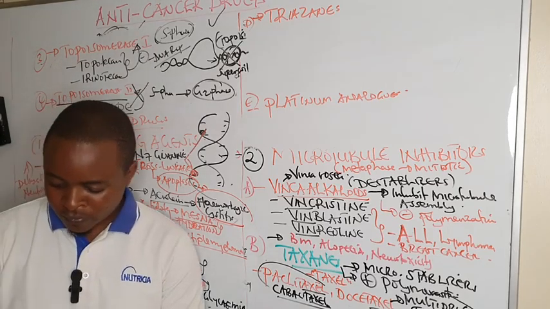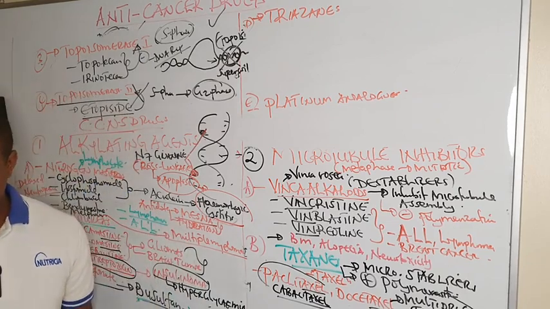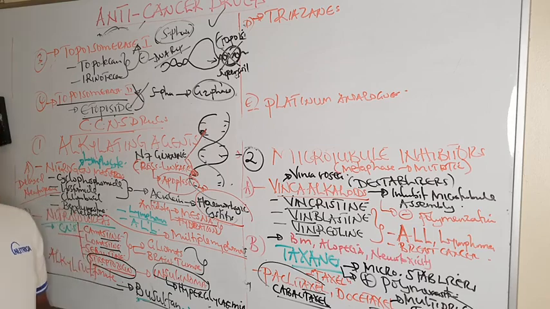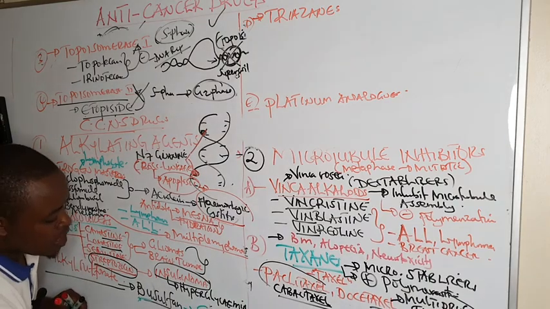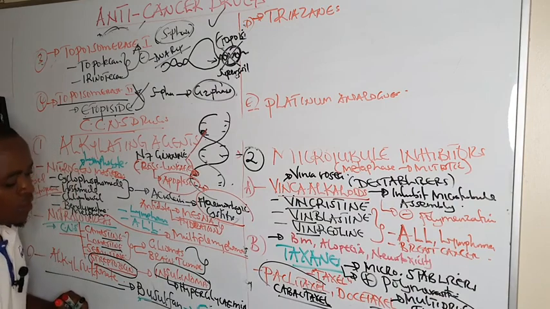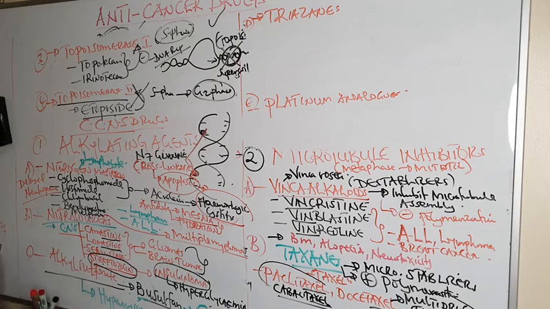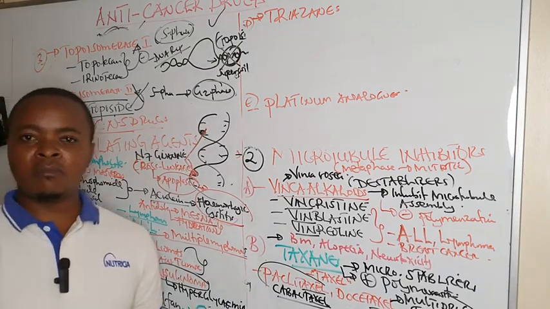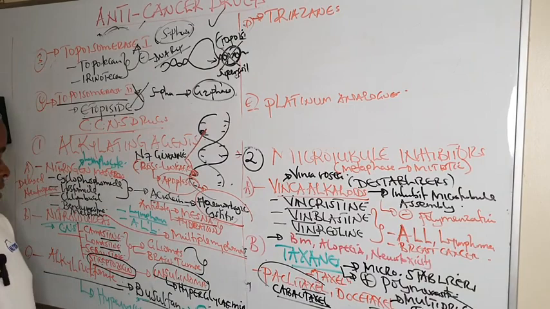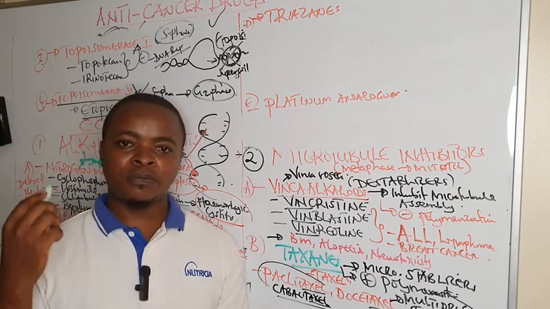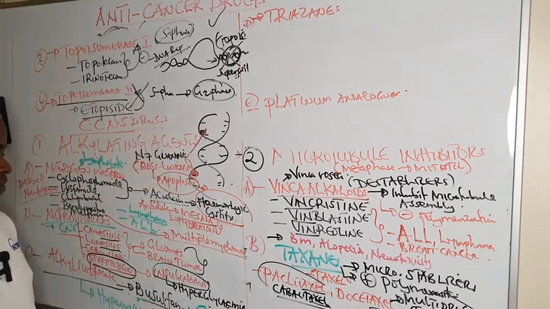And busulfan is used in the treatment of chronic myeloid leukemia. Its major effect is hyperuricemia, which can result in gout. So when someone is on busulfan, you must check levels of uric acid when treating people with chronic myeloid leukemia.